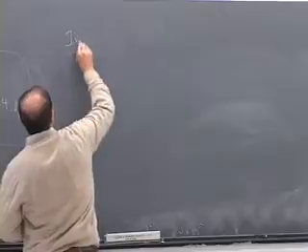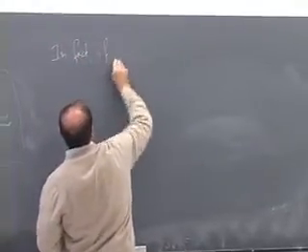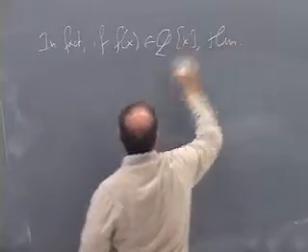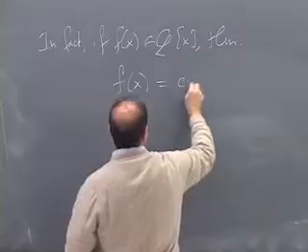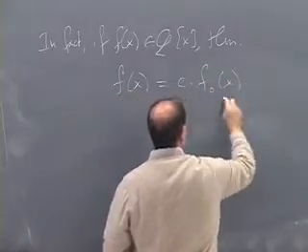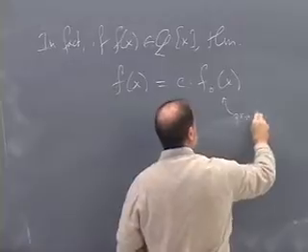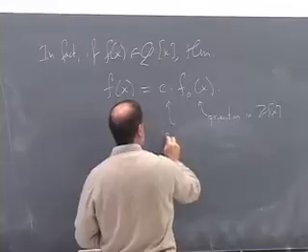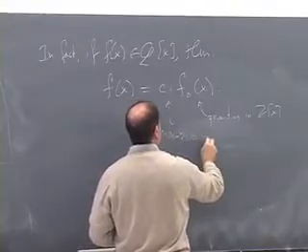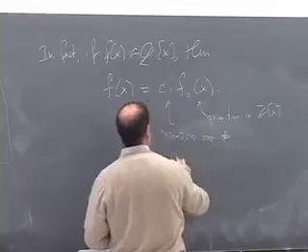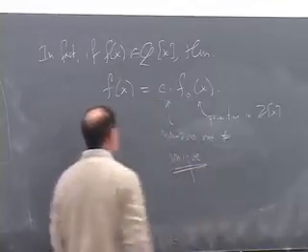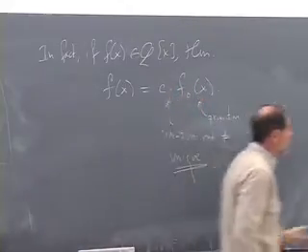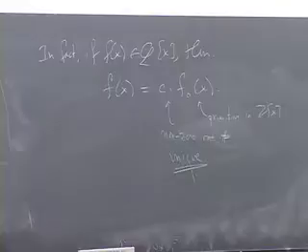In fact, if f of x has rational coefficients, then you can write f of x as c times f0 of x, where this is primitive in Z[x], and this is a rational number, and this expression is unique. So that any rational polynomial determines a primitive integral polynomial and a rational number, just like any integer polynomial determines an integer and a primitive polynomial.